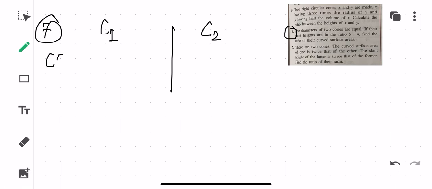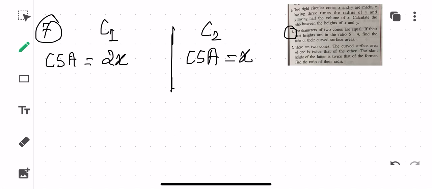So suppose I am taking the CSA here as x. One is twice that of the other, so for the first it is coming out to be 2x.